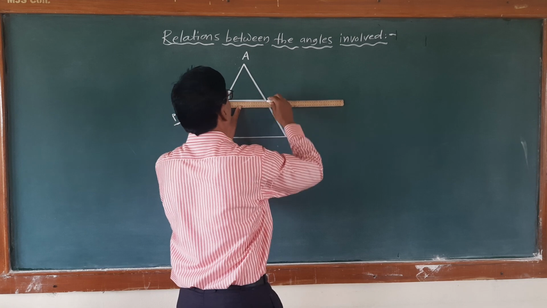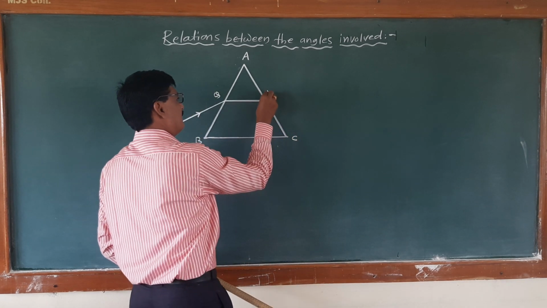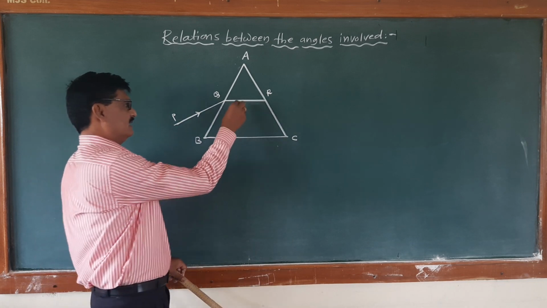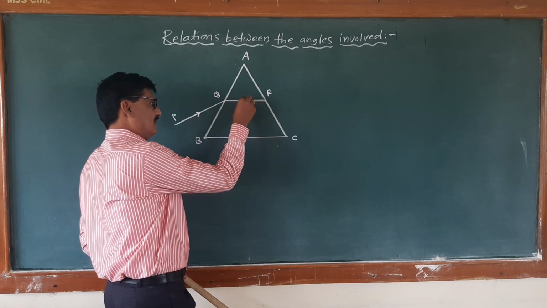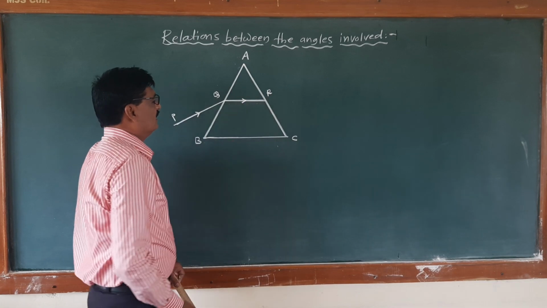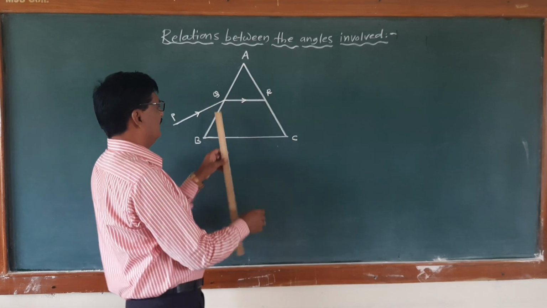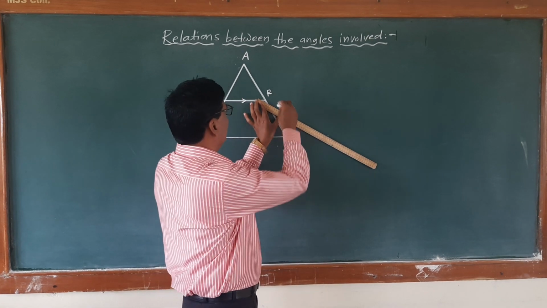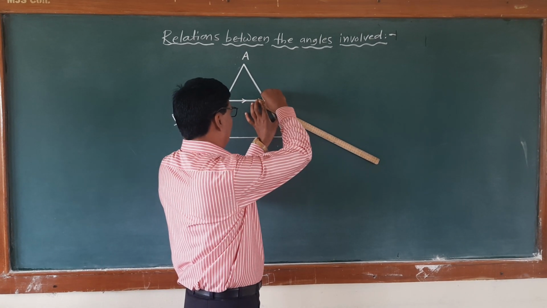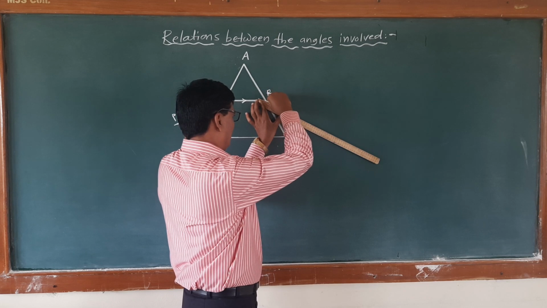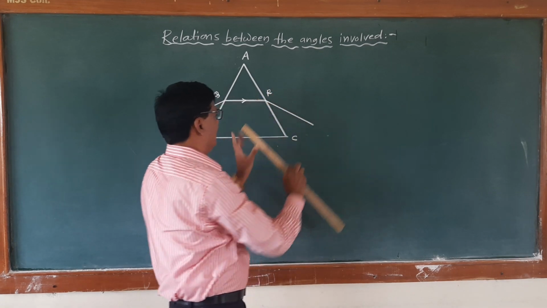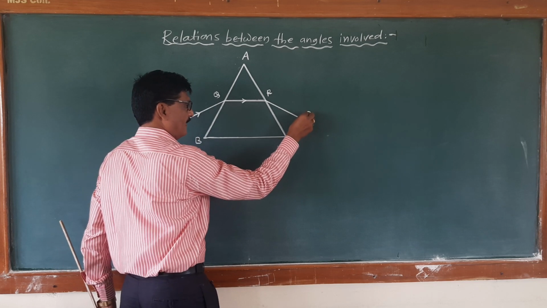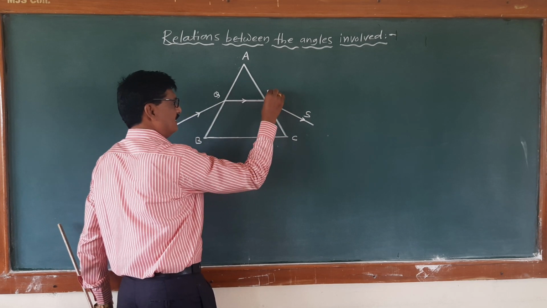This ray gets refracted and travels along this way, that is called QR. And again on the surface AC, this ray gets refracted and it emerges away from the surface AC. I call this ray RS.